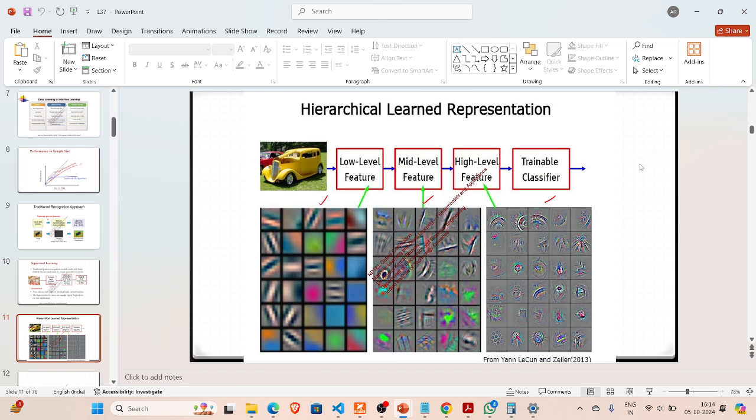So as you can see, throughout the training process, first low level features are learned, and then at subsequent layers high level features are learned.